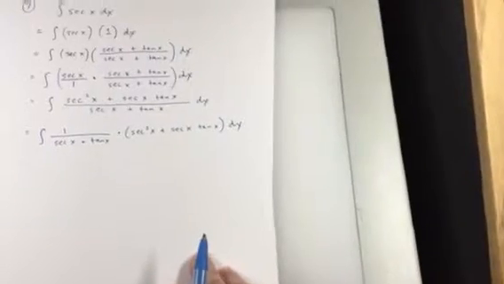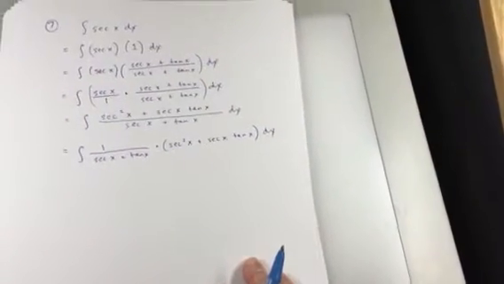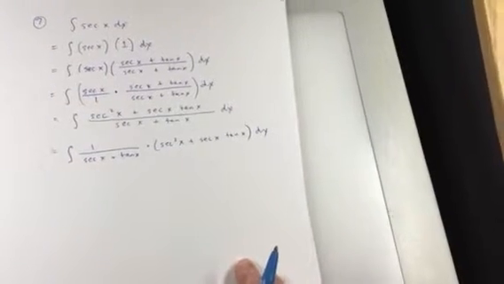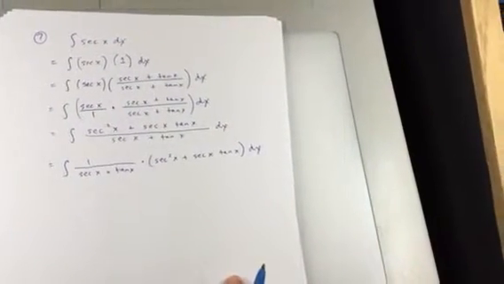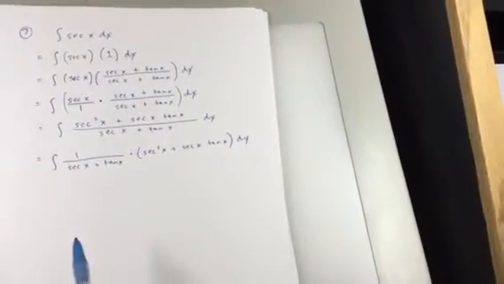Anybody see it yet? What's it going to be? Secant tangent plus tangent x. It's going to be u. Yes, it's a U-substitution.